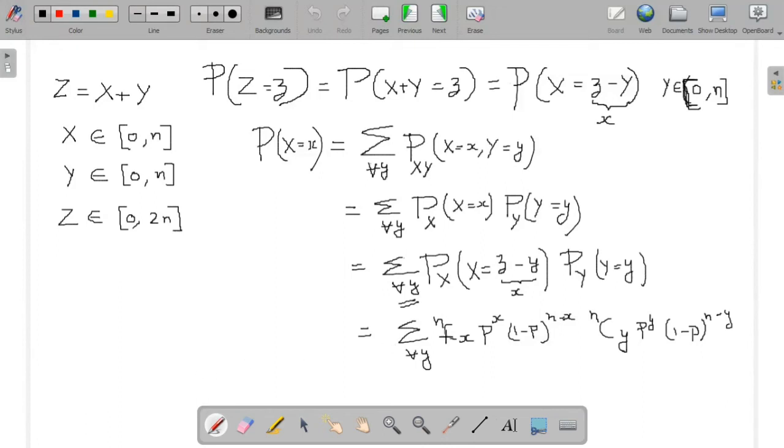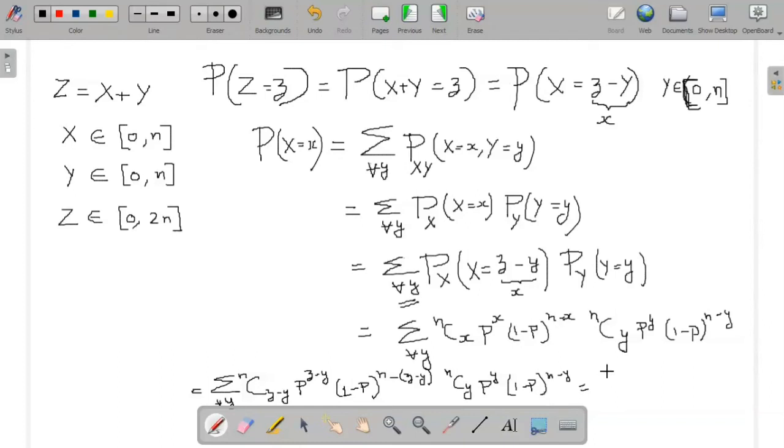So putting the value of x, small x, in this expression, we get summation over all values of y, nC z minus y, p raised to power z minus y, (1 minus p) raised to power n minus z minus y, nC y p power y, (1 minus p) power n minus y.